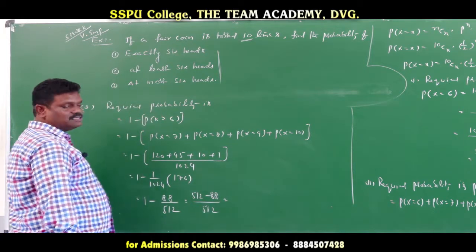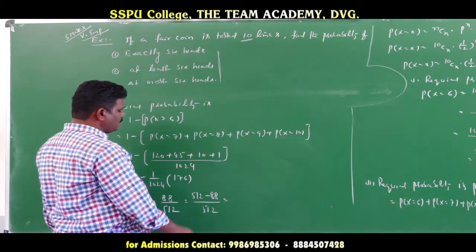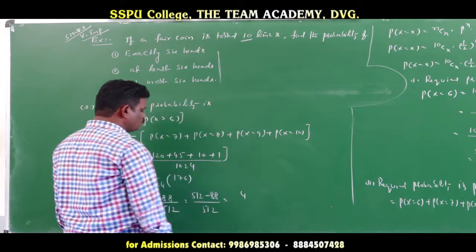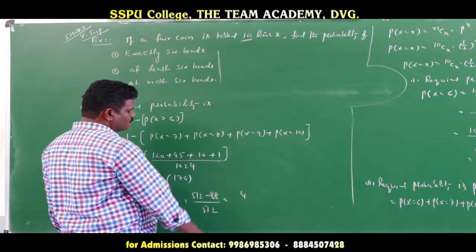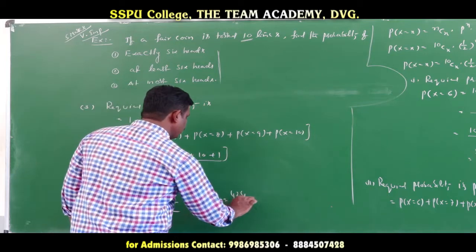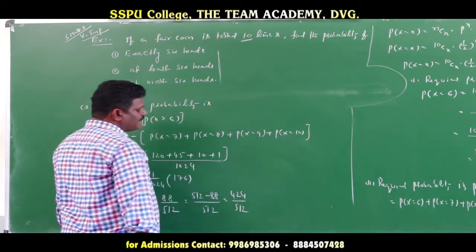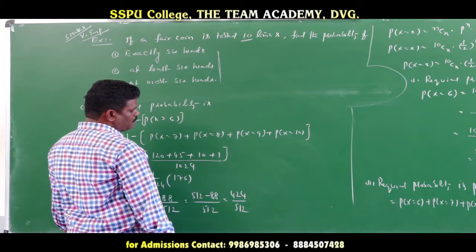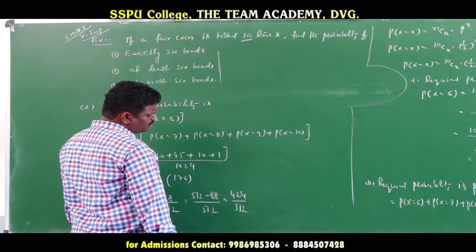Then how much subtraction? If you subtract 88 from 512, here 12 minus 8 is 4. Next 10 minus 8, 2 value. Then 424 by 512 value. Then again, if possible, which table is possible here? Cancellation.